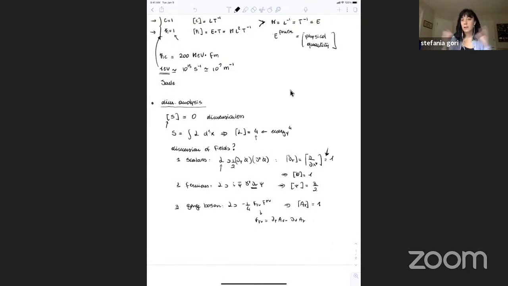So you might wonder why is this useful? There are several reasons. These natural units and dimensional analysis can allow you to perform estimates of physical quantities quite easily.